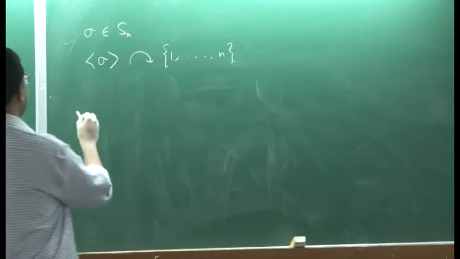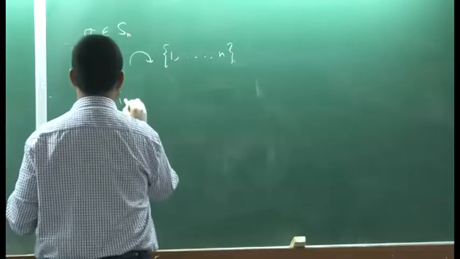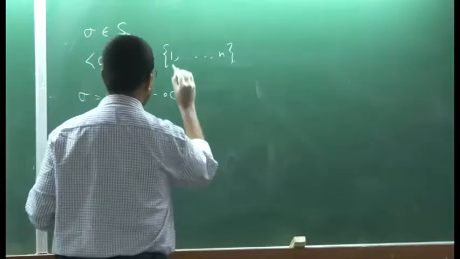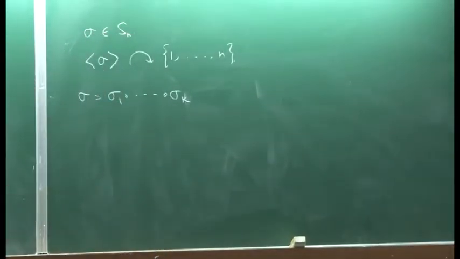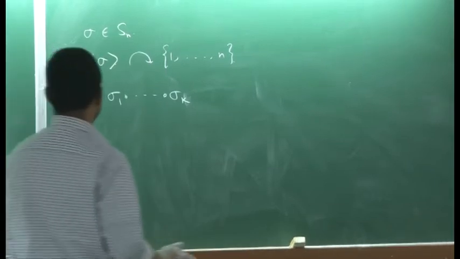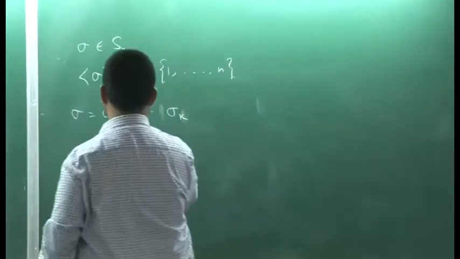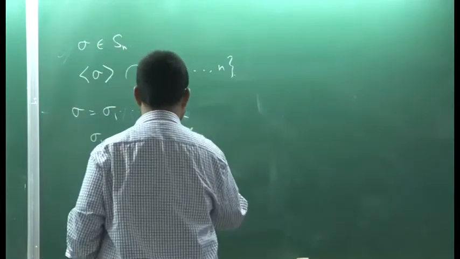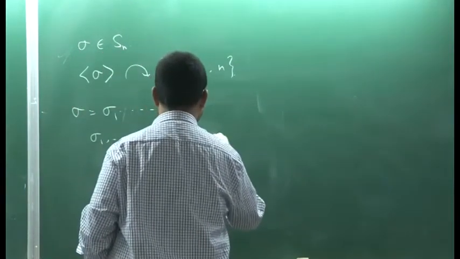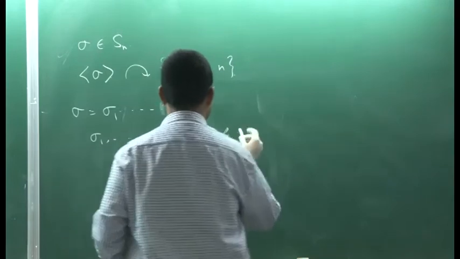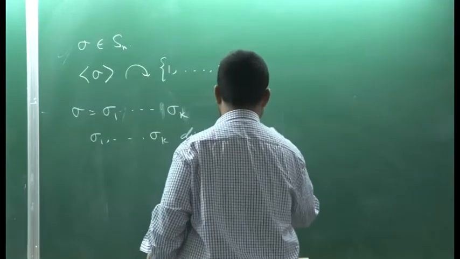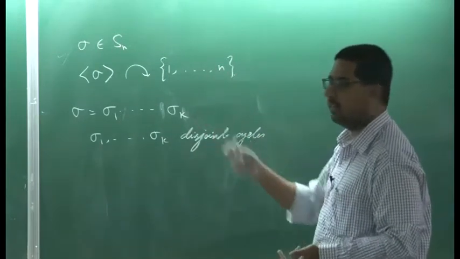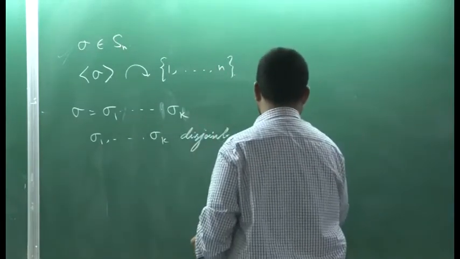So, it is well known that sigma can be written as a product of disjoint cycles. Well, it is customary to omit the cycles having length 1, keeping cycles of length at least 2.